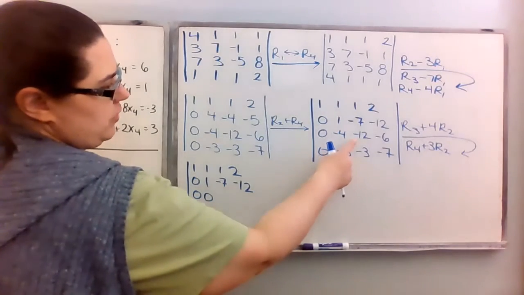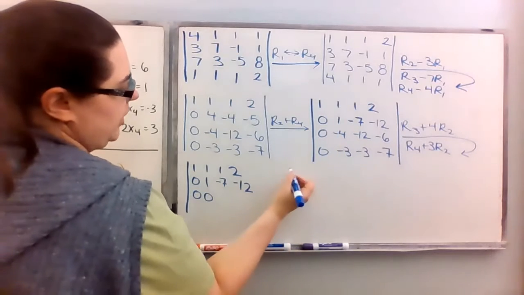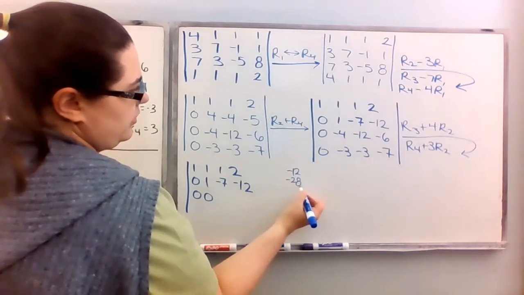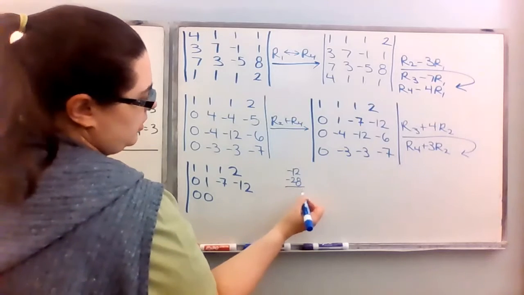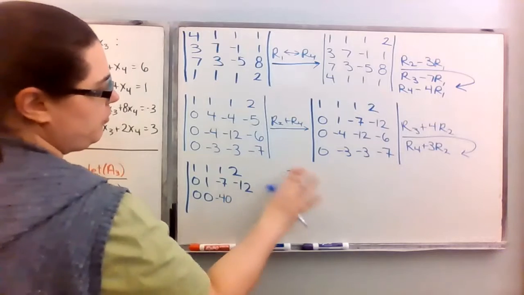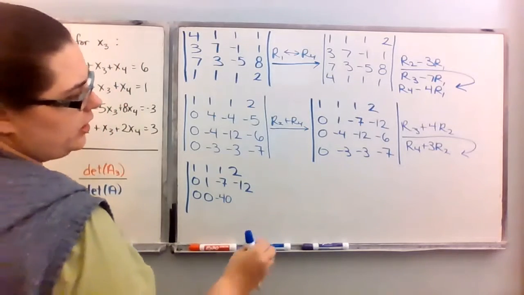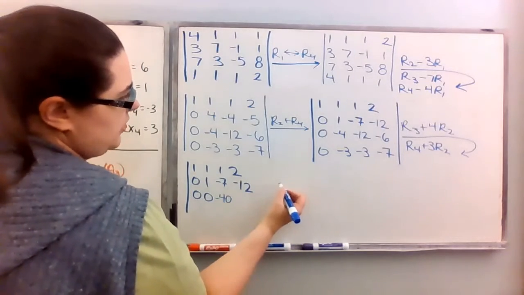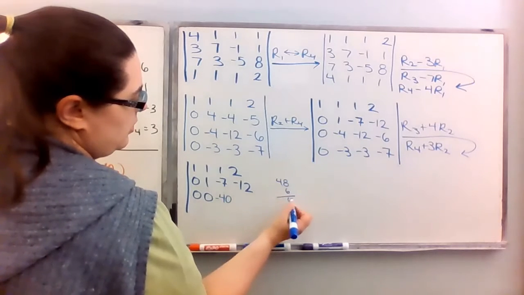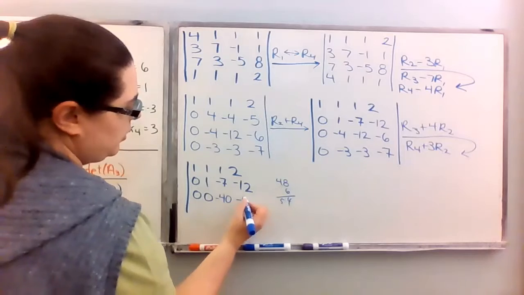Now I have negative 12 minus 28, that's a negative 40. Now I have negative 6 minus 48, it's a negative 54.